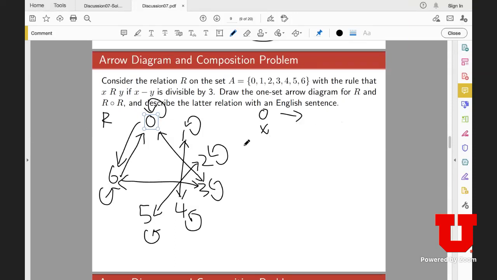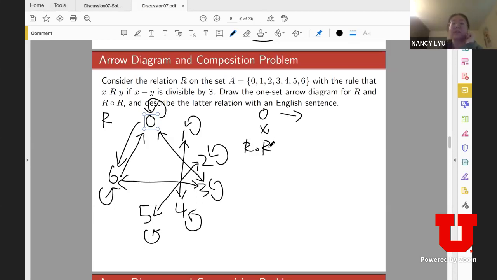This is R. And what about R composition R? The one set arrow diagram for R composition R, what is it going to look like? So R composition R basically means the codomain and domain are all the same. So if you enter in 0, you can go to, let's say, 3.